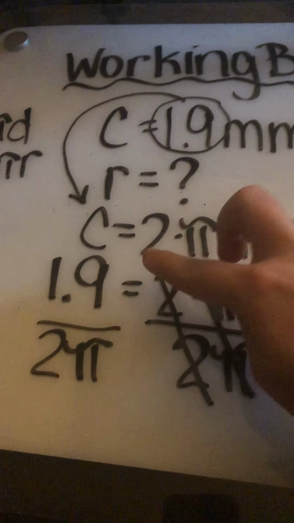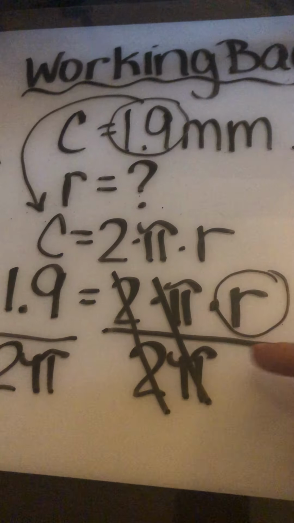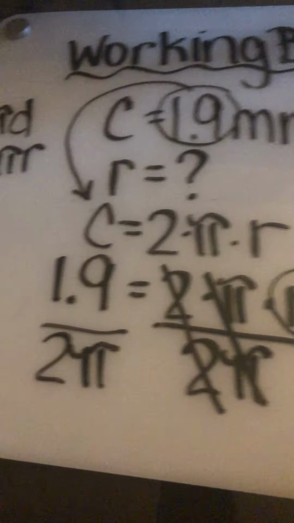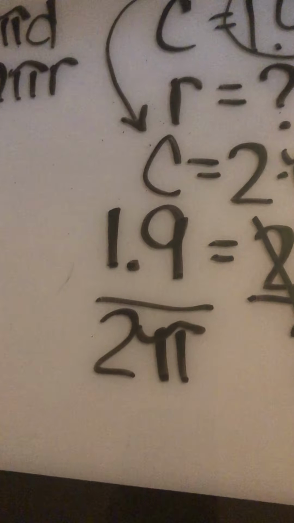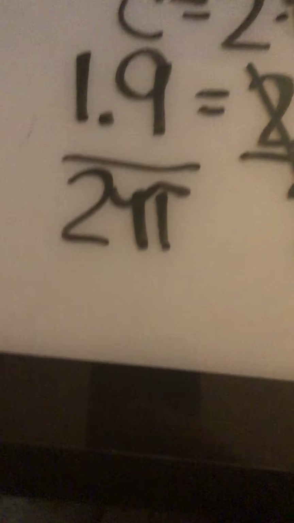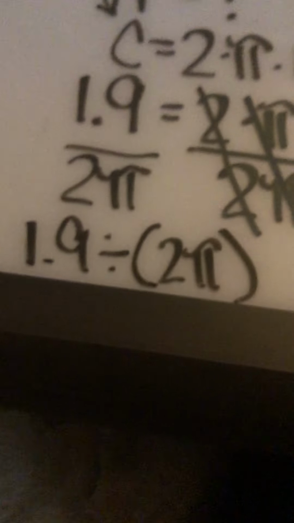So on the right side, 2 divided by 2 is 1. Pi divided by pi is 1. We know that a variable by itself has a 1 in front of it. We do not need to write it. And then on this side, we have to figure out what that quotient is. So again, in your calculator, you would do 1.9 divided by parentheses 2 pi, because you want to keep that product together.